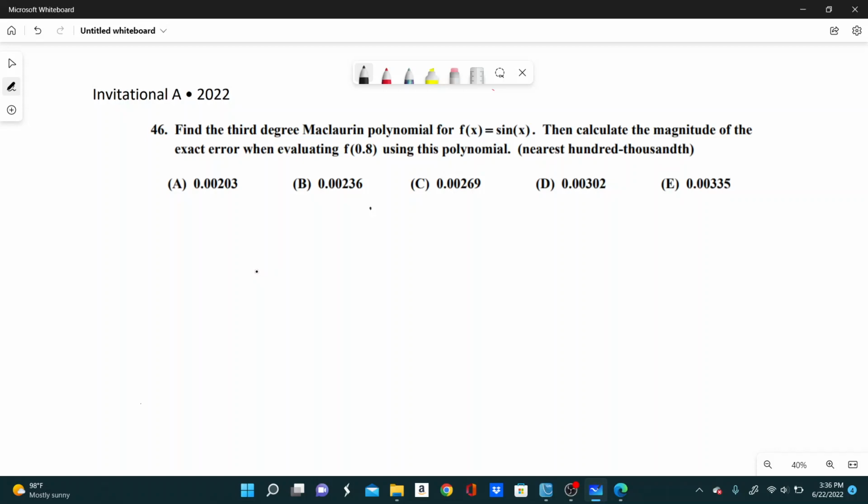So basically, a Maclaurin polynomial takes functions, in this case f of x equals sine of x, and approximates them using just polynomials. I won't go into the derivation right now, but for sine of x, the Maclaurin expansion is x minus x cubed over 3 factorial plus x to the 5th over 5 factorial minus x to the 7th over 7 factorial, and then on and on for infinity.